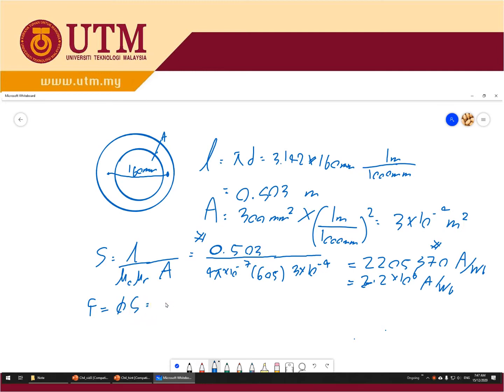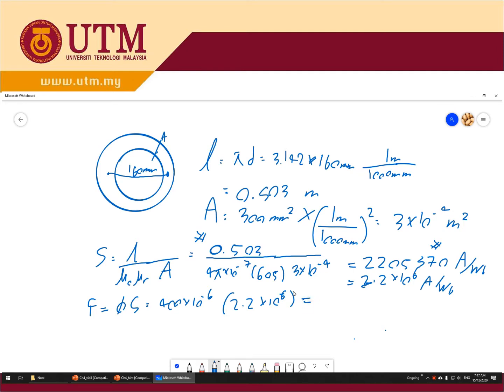The flux is 400 microweber, and the reluctance is 2.2 multiplied by 10^6.